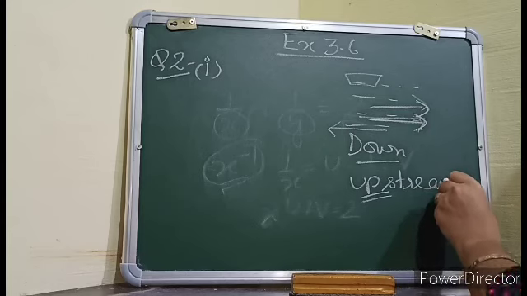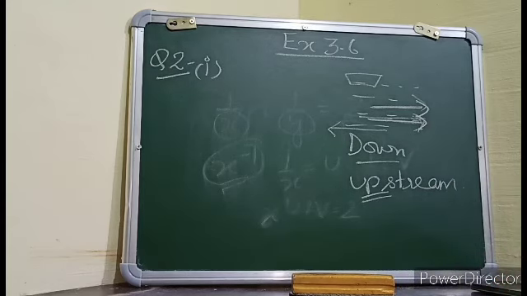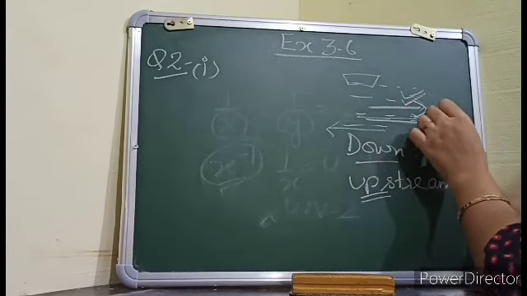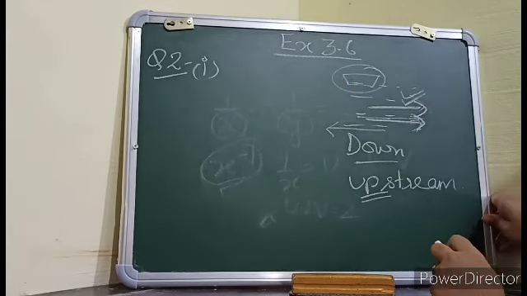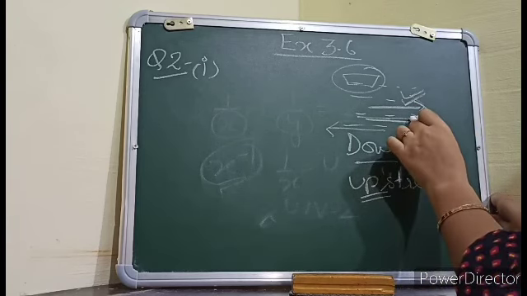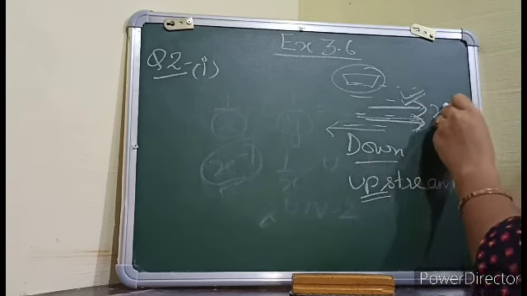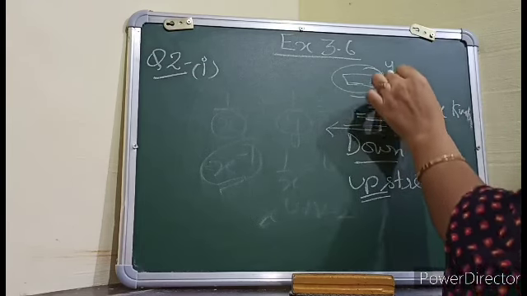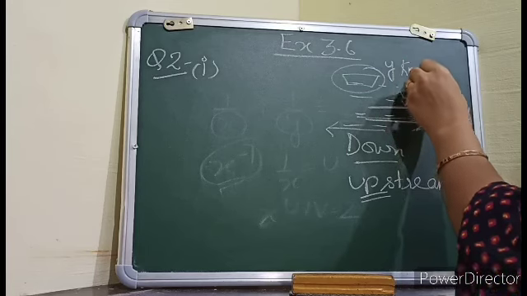So the basic concept that we should use in downstream and upstream is that there are two speeds, the stream's speed and the boat's speed. So if the water is flowing, we take the speed of the water as x km per hour, for example, and the boat is moving with a speed of y km per hour.